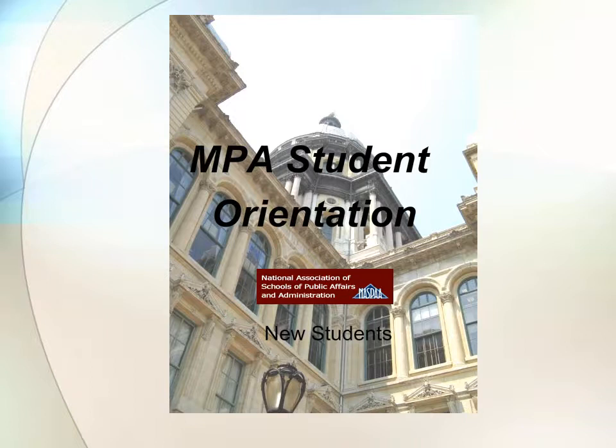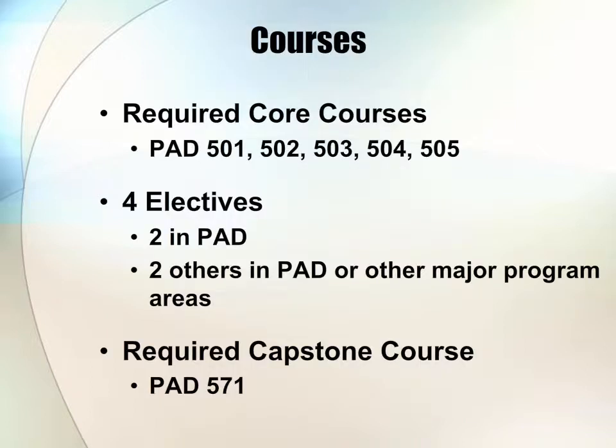So here's what you need to know. The required course structure, just for the MPA, is fairly simple. There are 5 core courses: an introduction to the profession, an organizational theory class, a class in quantitative methods, a class in budgeting and finance, and finally, a human resource management class.